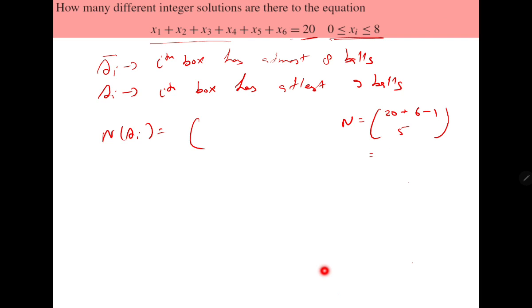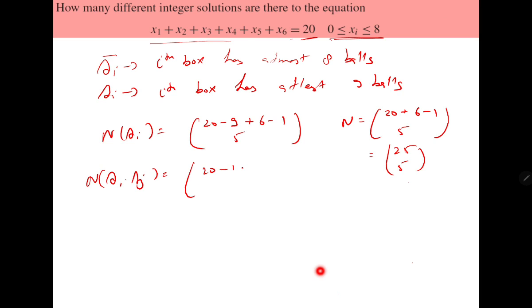So this is 25C5. Now in case of ai, if I put 9 balls already, then the remaining balls will be 20 minus 9 plus 6 minus 1 choose 5. n of ai aj is 20 minus 18 plus 6 minus 1 choose 5.